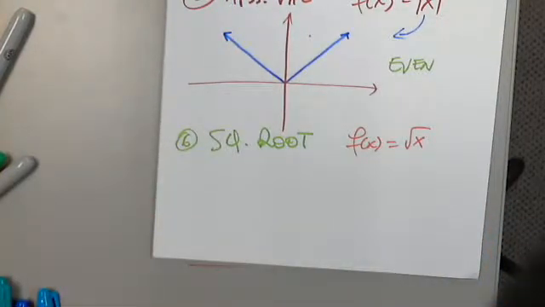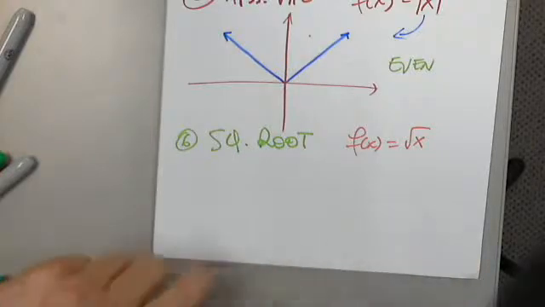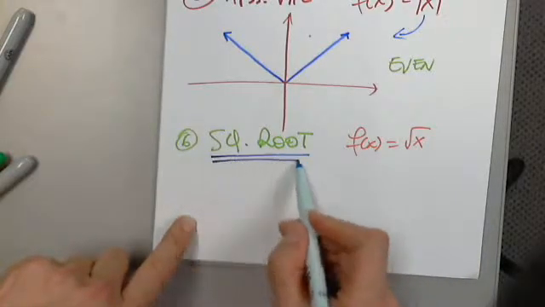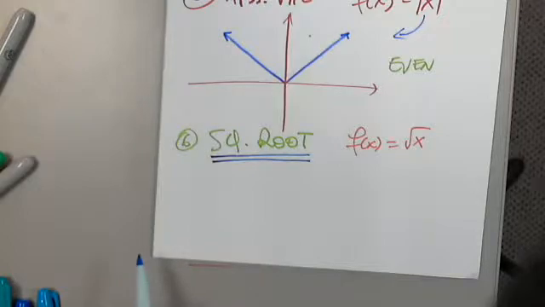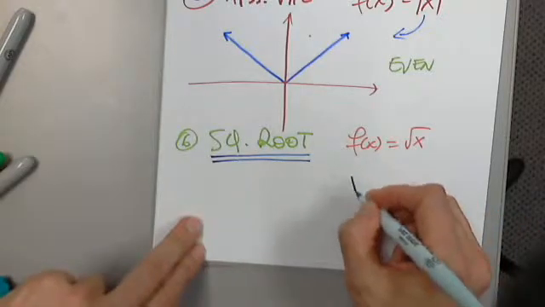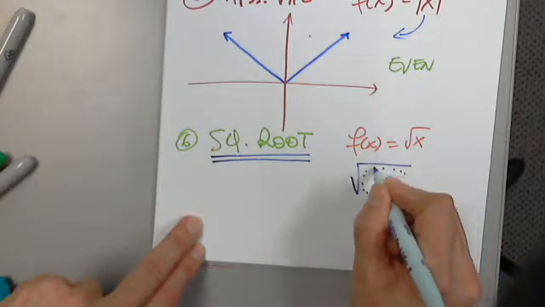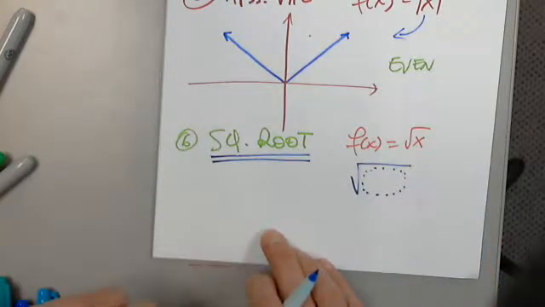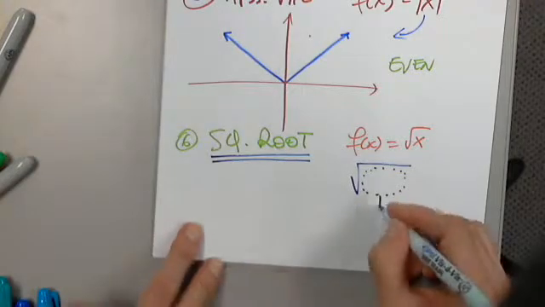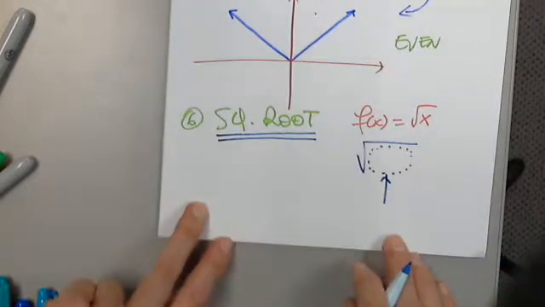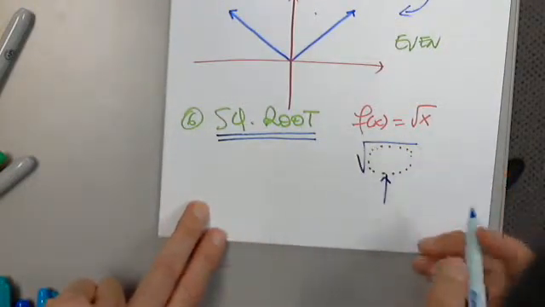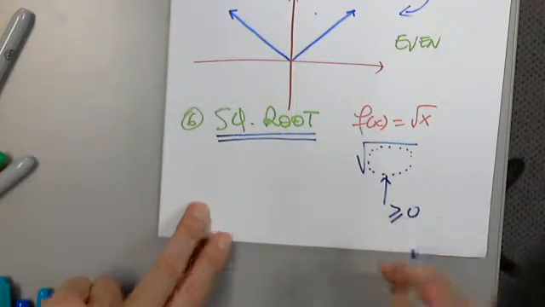Now I have to talk about this one. So, how do I determine the domain of a square root? Correct. So, the square root requires that this quantity, it doesn't have to be x. It can be x plus 5, it can be 3x minus 10, it can be x squared plus 1500, it doesn't matter. This quantity, whatever it is, under the square root, must be greater than or equal to 0.